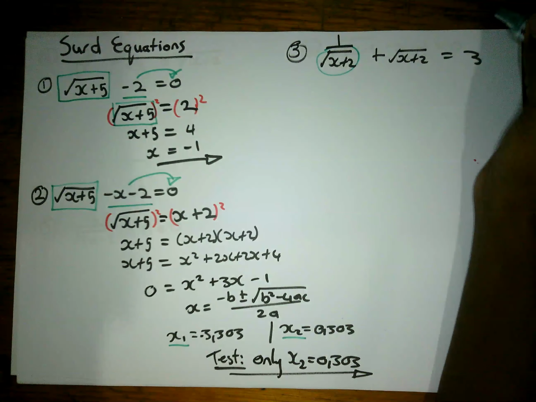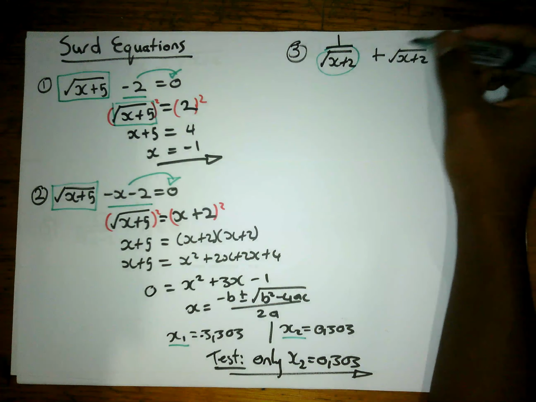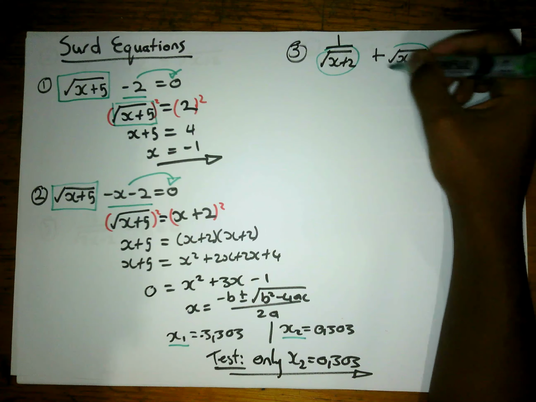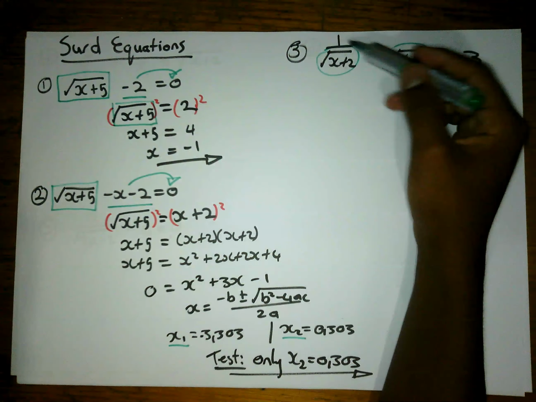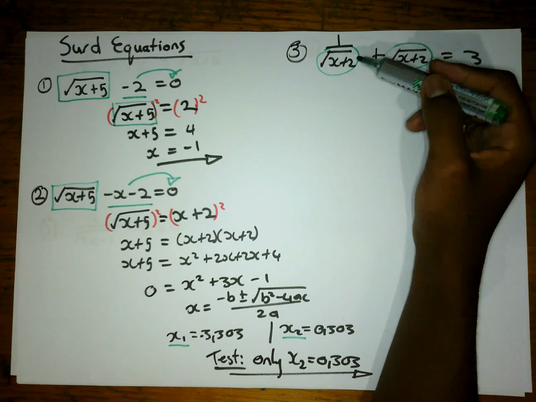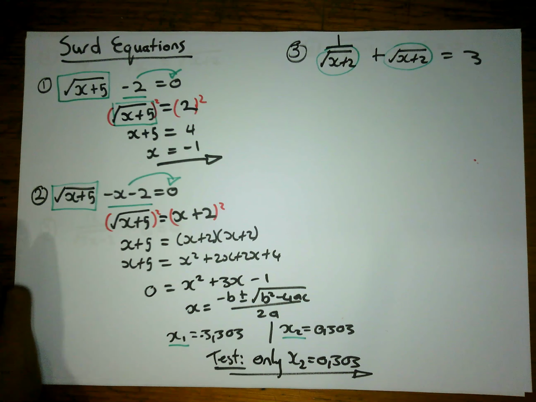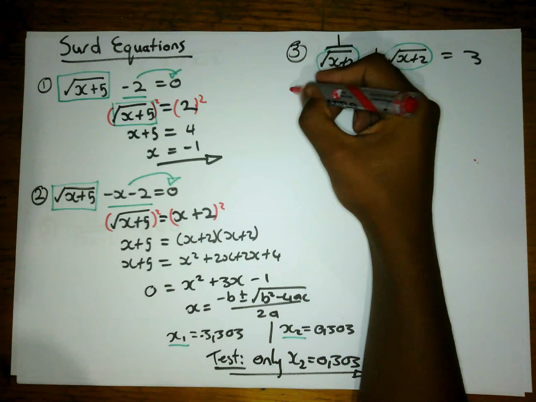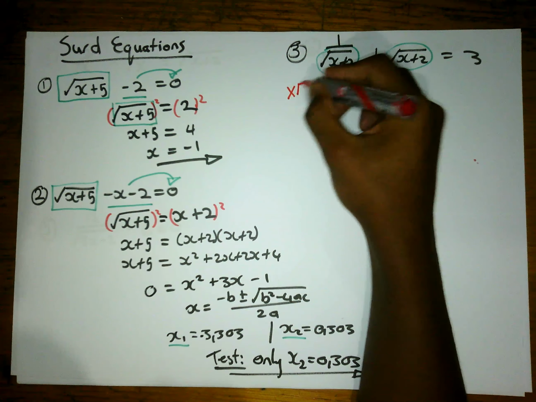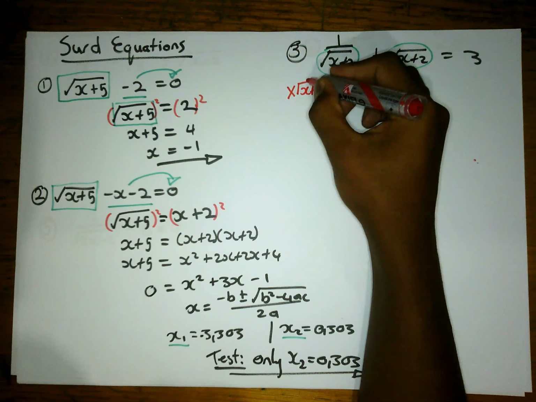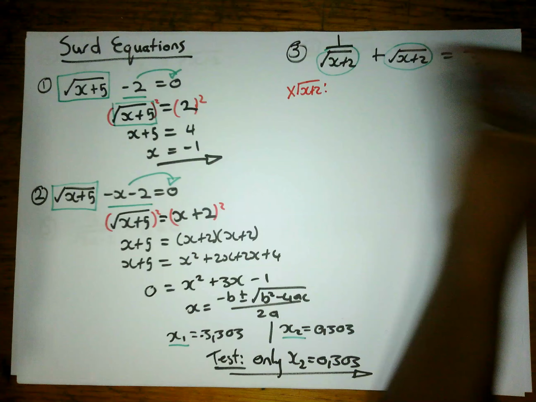We have the numerator, and the denominator is the same as this over here. But we don't want a fraction when we're dealing with thirds like this. So what do we do? We are going to multiply with the denominator throughout the entire equation.